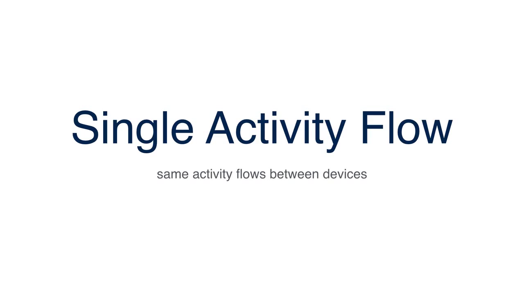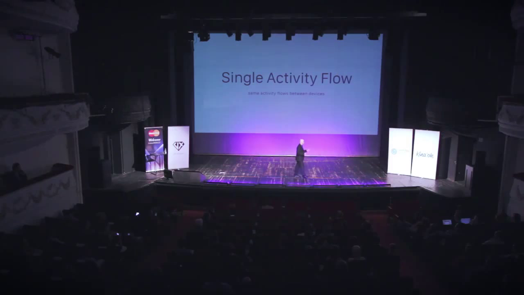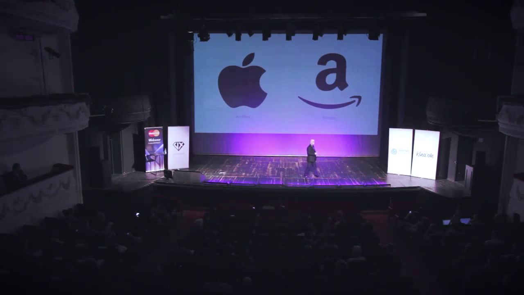And with a continuous experience, we can have two kinds of flow. One is called the single activity flow, when you're performing something that takes quite a lot of time, for example, reading a book. Reading a book is the kind of experience that maybe you can perform on different devices.